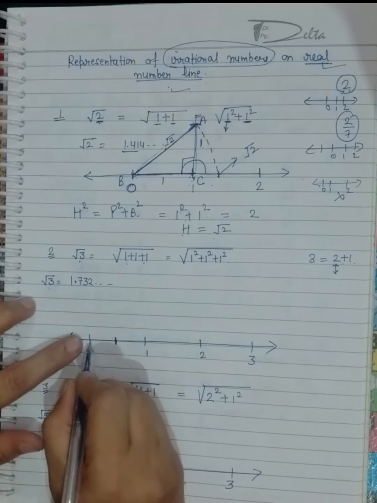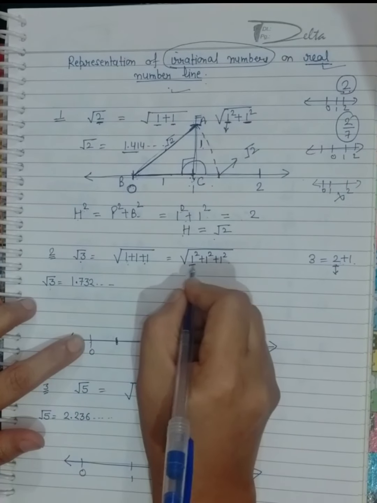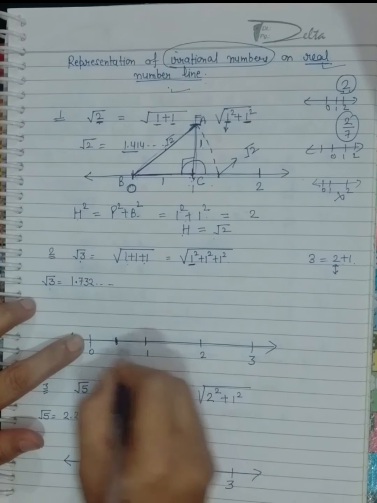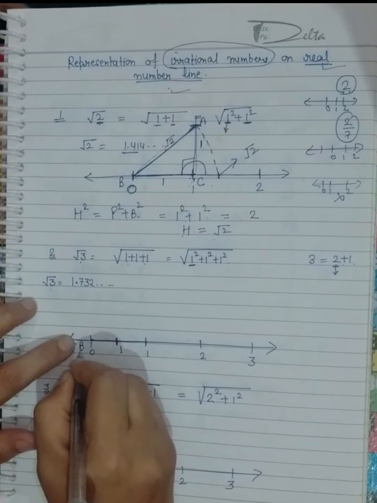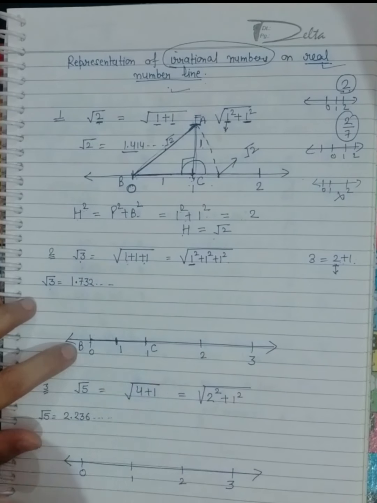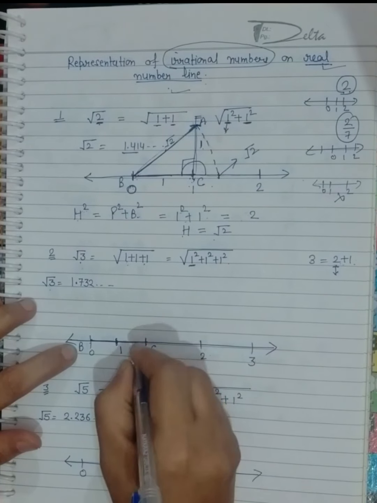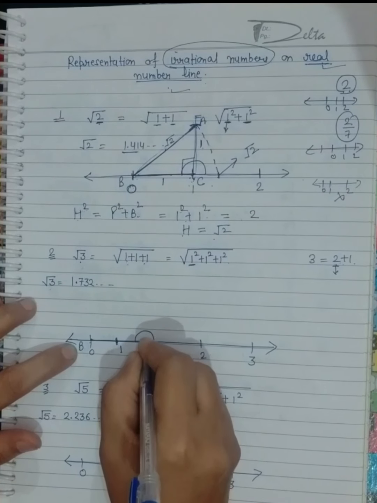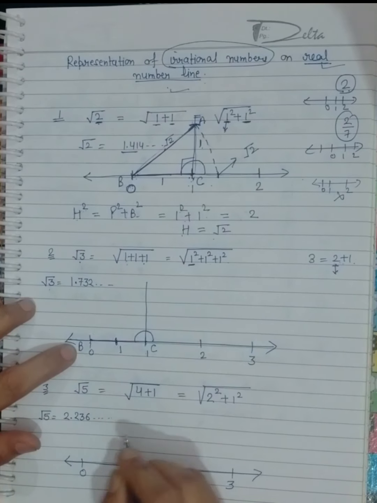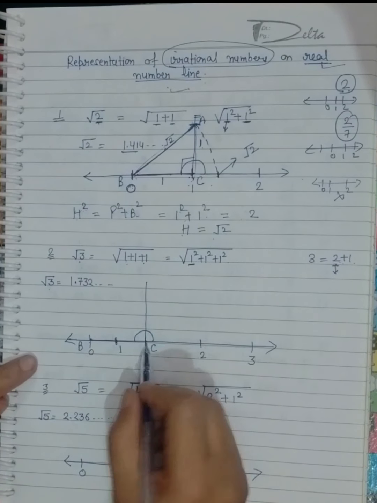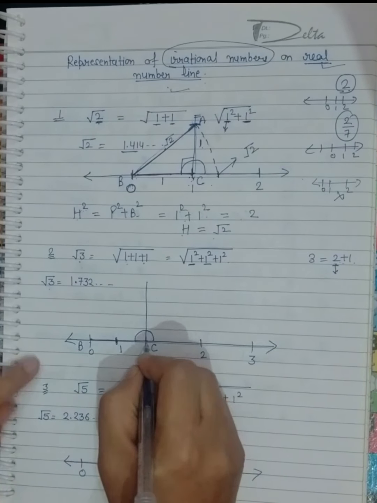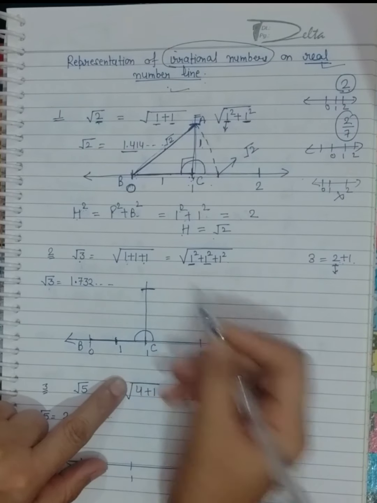Same, from 0 to 1, first step, if we go here, 1 is here, same I am taking here point B, here point C. Again with the help of the compass we will make another right angle triangle, and the same second one we will cut taking 1 unit length.